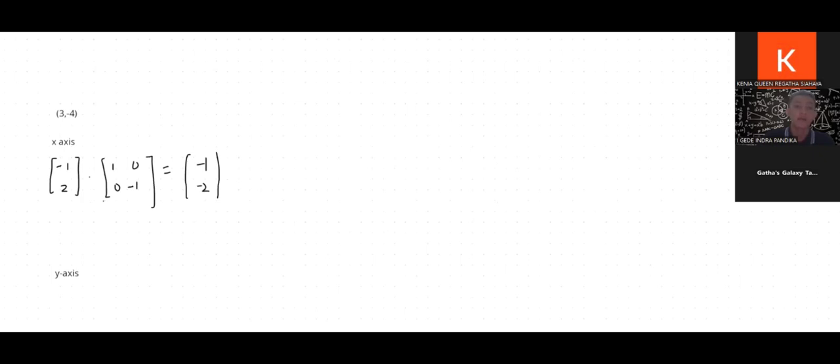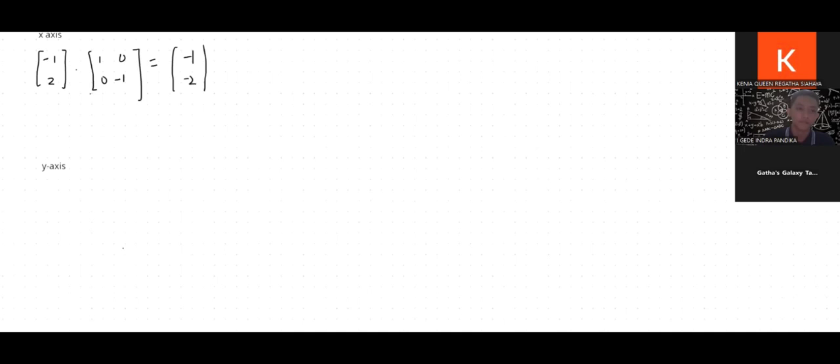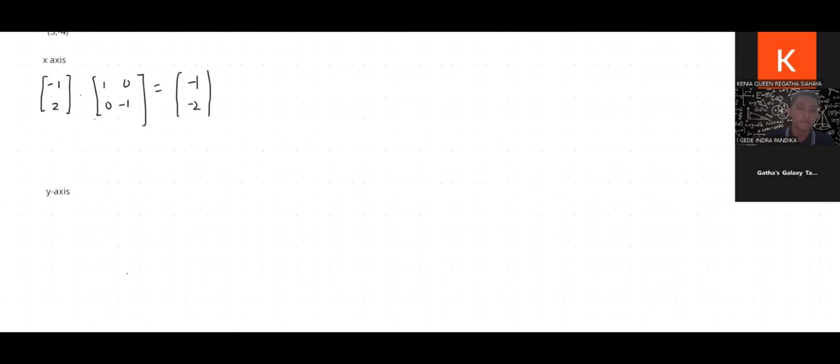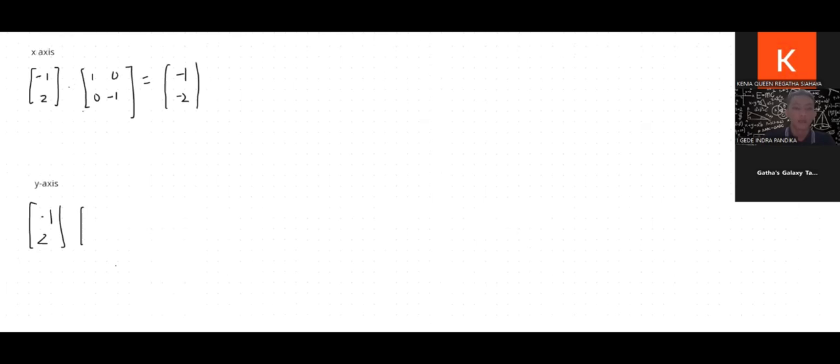Same as before, we have to multiply the vector (-1, 2) by the standard matrix of the y-axis, which is [-1 0; 0 1]. So the result will be (1, 2).